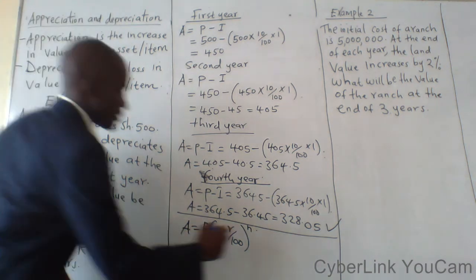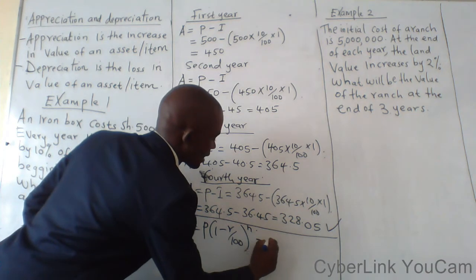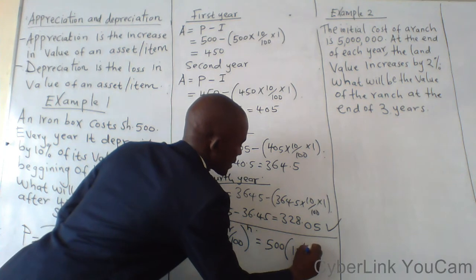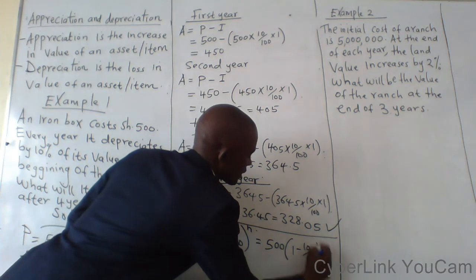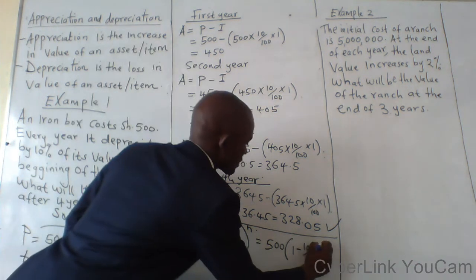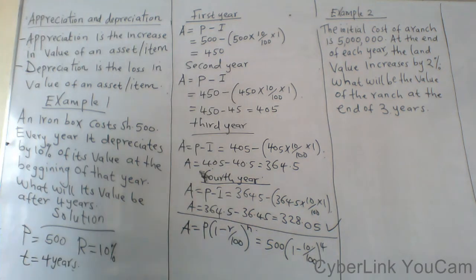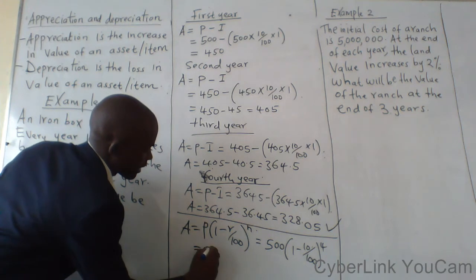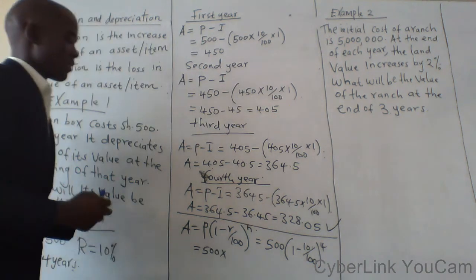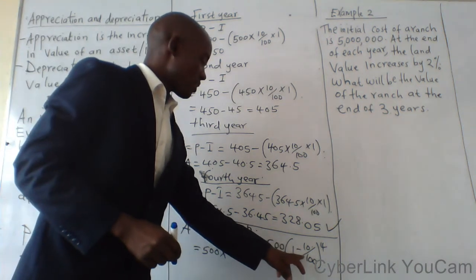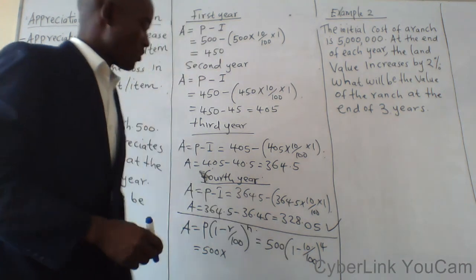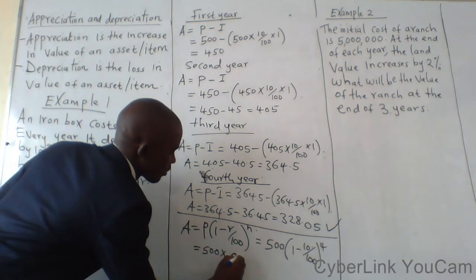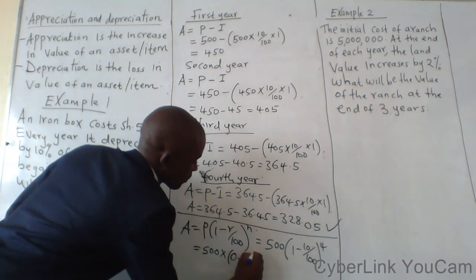So this one becomes, the principal was 500 into 1 minus 10 over 100 raised to 4 years. If you evaluate this, our amount will be equal to 500 times, remember 10% is 0.1, 1 minus this, you will get 0.9. This is the same as 0.9 raised to power 4.